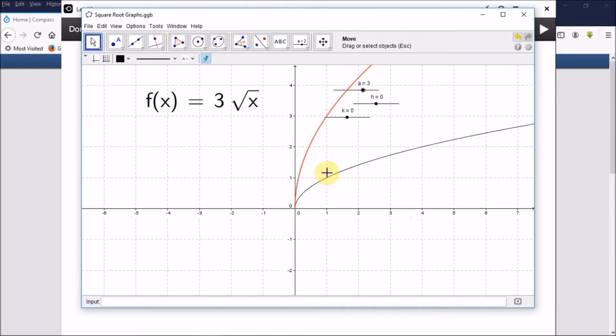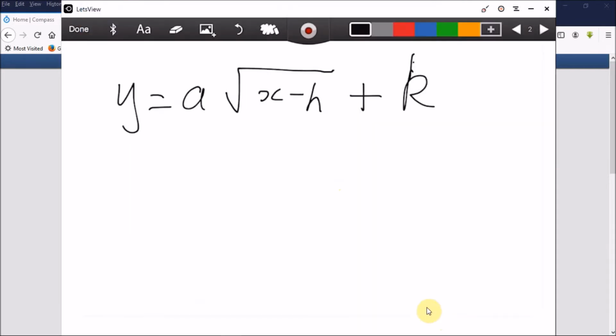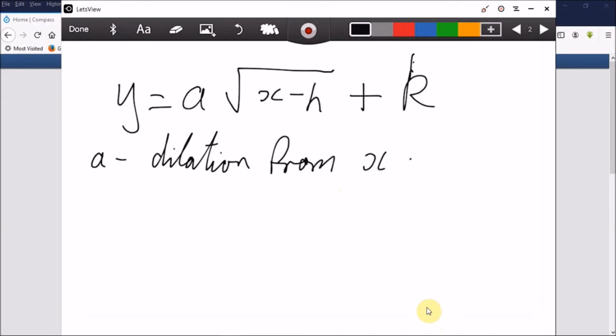The point that was 1, 1 is now 1, 3. So stretched up in mathematical terms is a dilation. So a is a dilation from our x-axis.